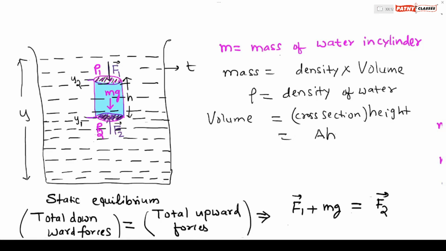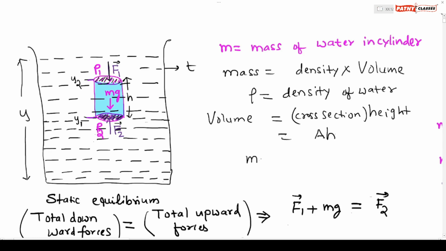Since mass equals density into volume, here we considered the cylinder and assumed that m is the mass of water in the cylinder. So the formula for mass is density into volume. Let rho be the density of water. Since volume equals the product of cross section multiplied by height, the cross section we have taken A and height equals h. Therefore volume equals A into h.